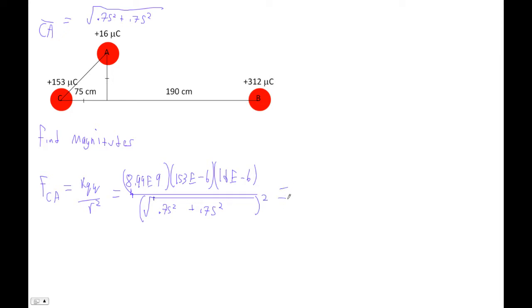So I'm going to go alpha F1 and get that first fraction. I'll go 8.99 E9 times 153 E minus 6 times 16 E minus 6. And then in the denominator, I've got 0.75 squared plus 0.75 squared.